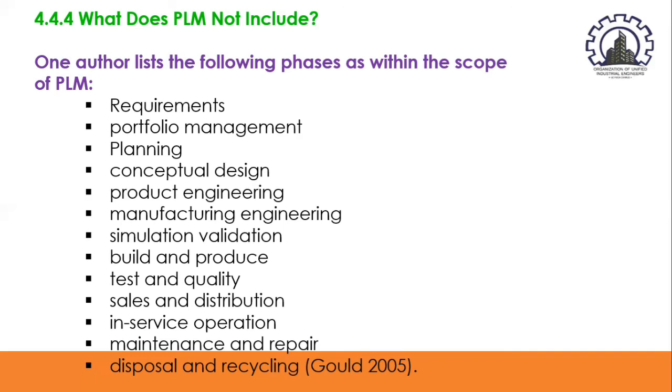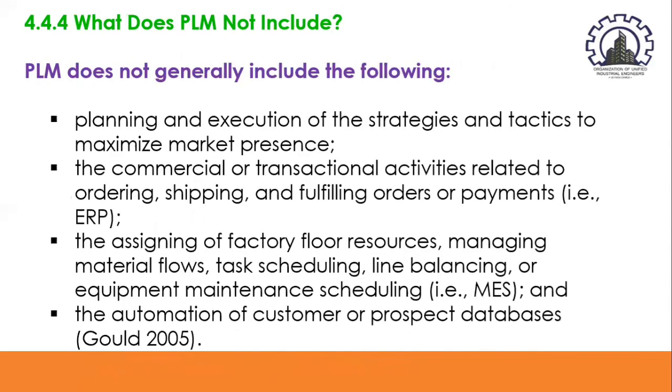But the following are the items that PLM does not include. So what are the things that are excluded under PLM then? We have planning and execution of the strategies and tactics to maximize market presence. That's one item that PLM does not include. And second, the commercial or transactional activities related to ordering, shipping, and fulfilling orders or payments, such as ERP.